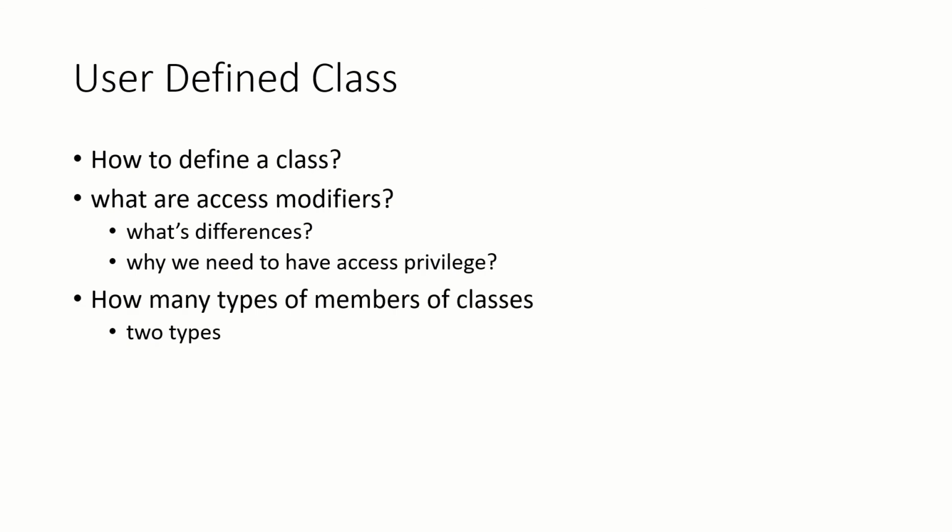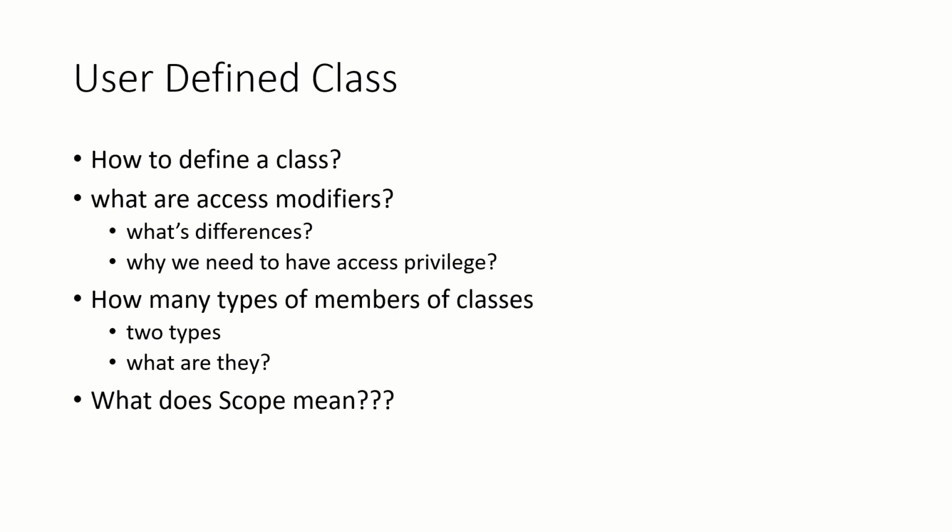How many types of members does a class have? Right, the attribute and the operation.